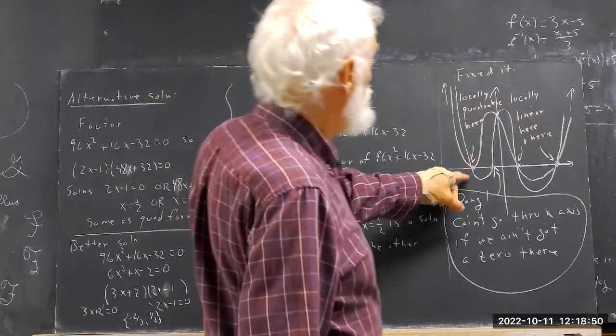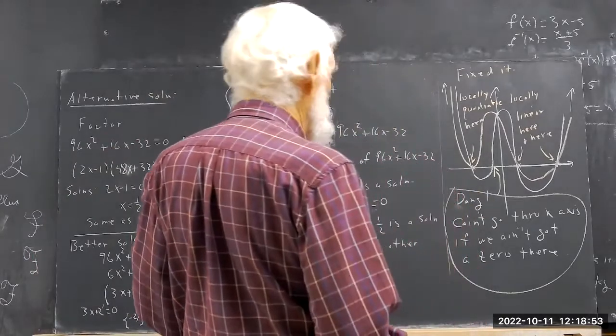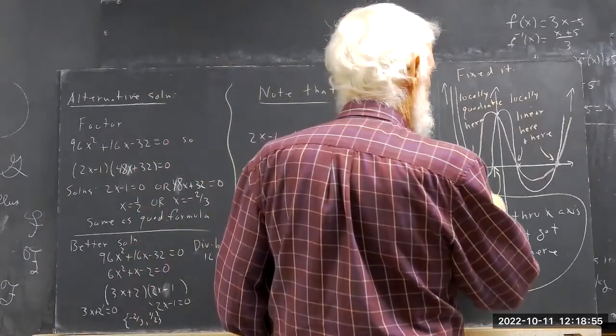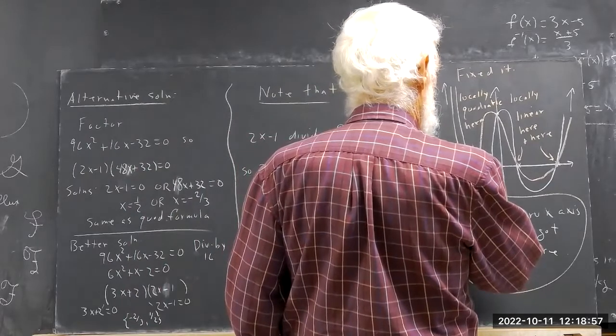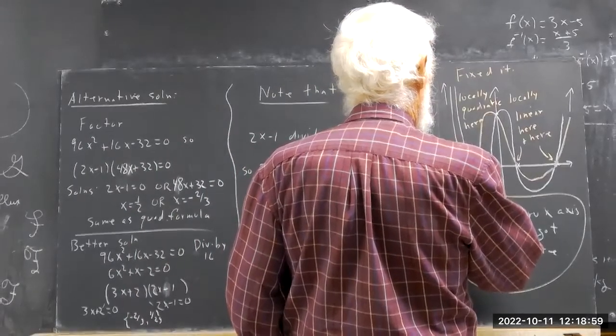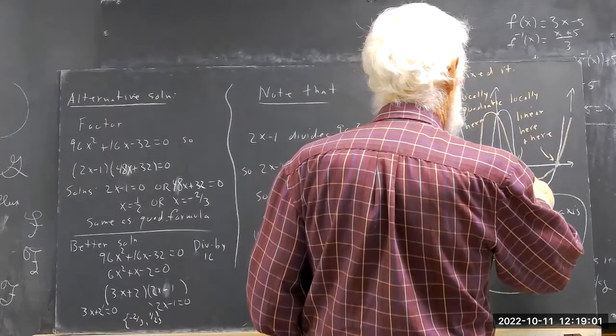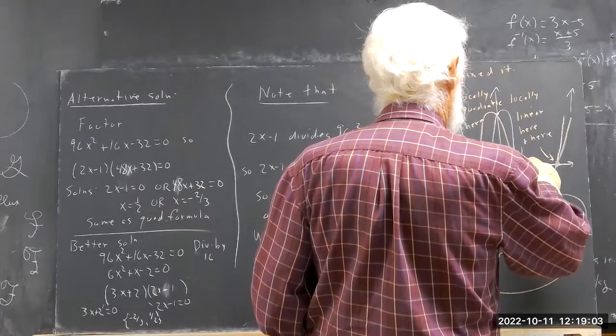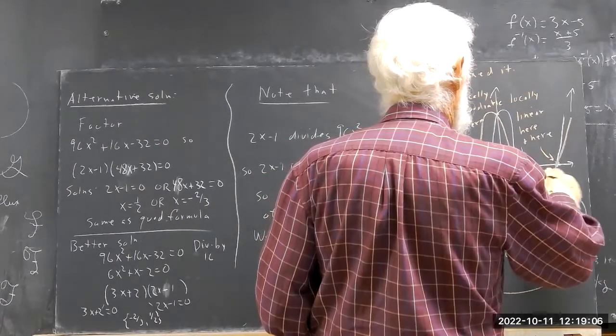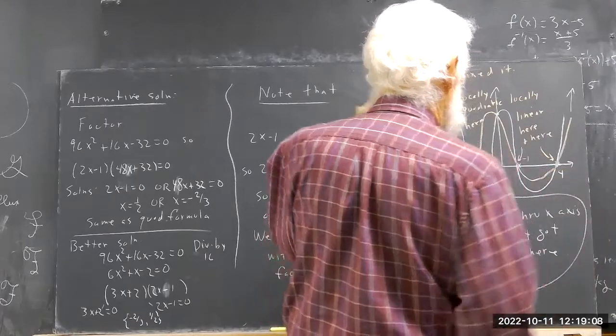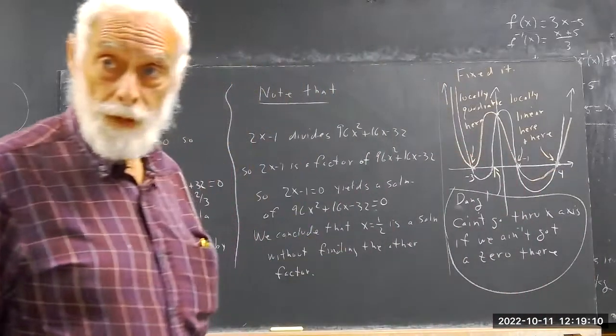If it's locally quadratic here, well, now let's put some numbers in. Let's say this is -3, and this is -1, and this is 4. Okay.